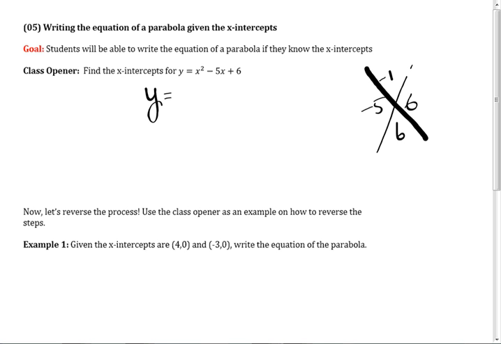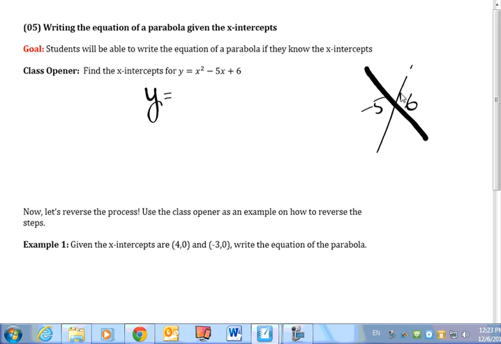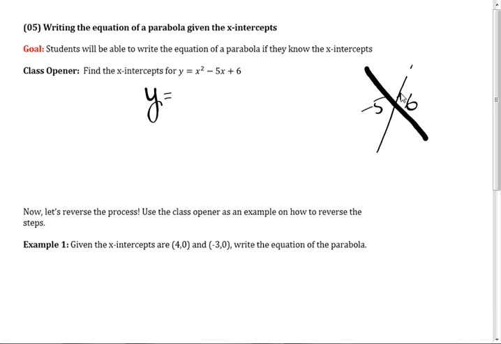So remember, when this is positive, I want to find two numbers that multiply to be a positive 6. If this is positive, these need to add to 5.